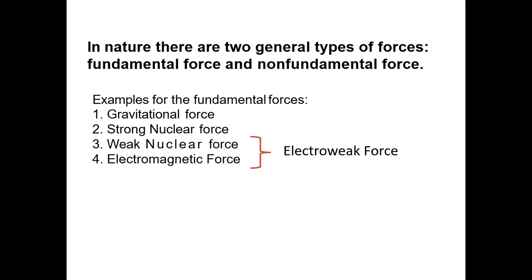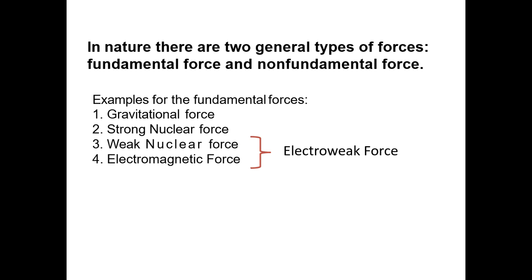It's easy to keep in mind, though, that the electric force, sometimes called the Coulomb force, and the magnetic force, those were united by a man named James Clerk Maxwell. And very recently, well, actually not in this century anymore, in the previous century, the weak nuclear force and the electromagnetic force, there was a theoretical framework that came out, and we figured out that those were actually aspects of the same thing called the electroweak force.